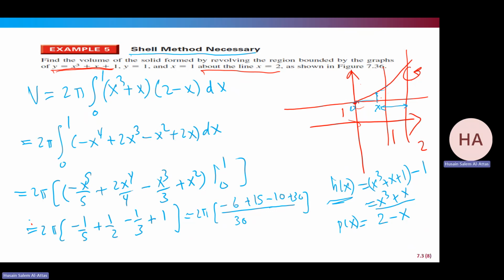That gives me what? 30 minus 10 is 20, minus 6 is 14. So I have 2π times 29 over 30, which means 29π over 15. That will be the answer.